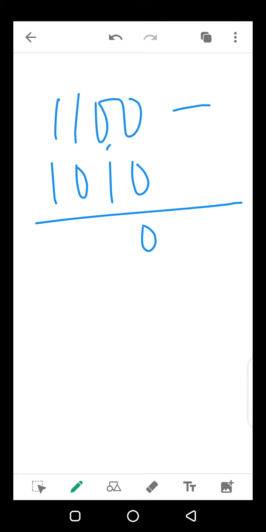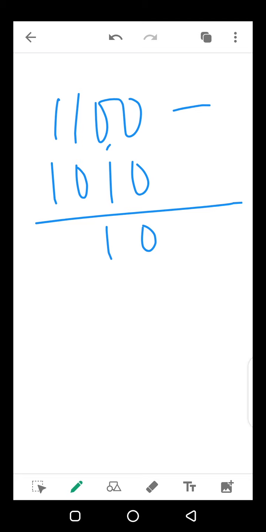Anything we borrow, we call it 2 because we are working with base 2. In base 10, if you borrow any number, you call it 10. But in base 2, if you borrow a number, then you call it 2. So this one becomes 2. So it's now 2 minus 1, we have 1.